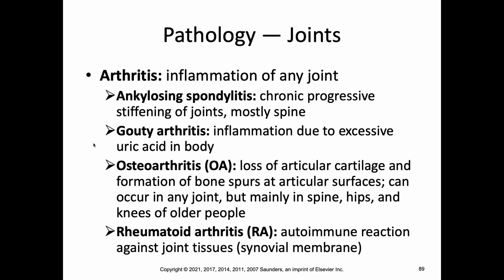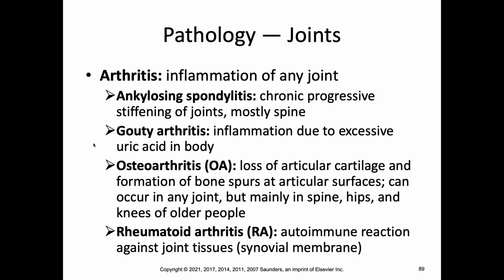Gouty arthritis comes with patients who have gout, which means they have high uric acid in their body, and that attacks typically their feet and legs, mostly feet, and it's just unpleasant. They need to lay off the ice cream and the sweets and the rich foods.